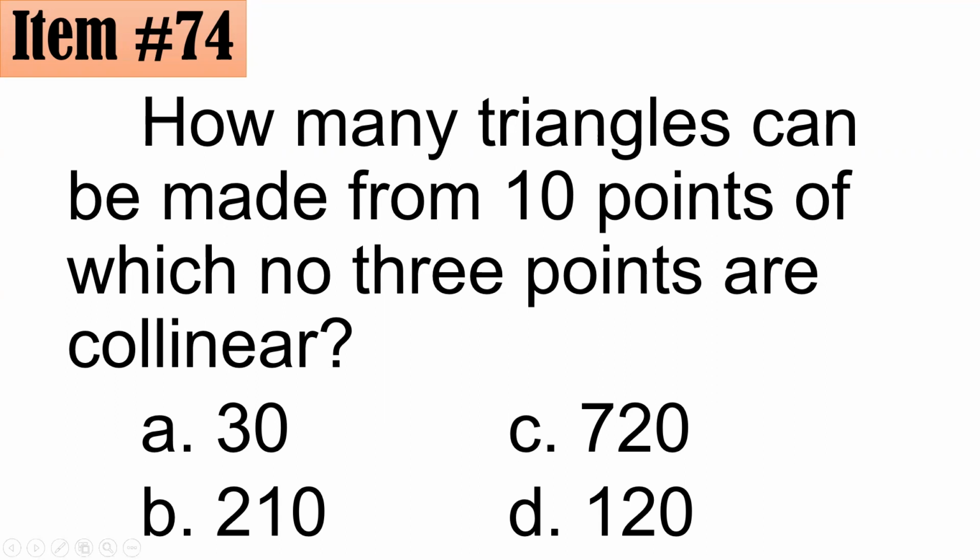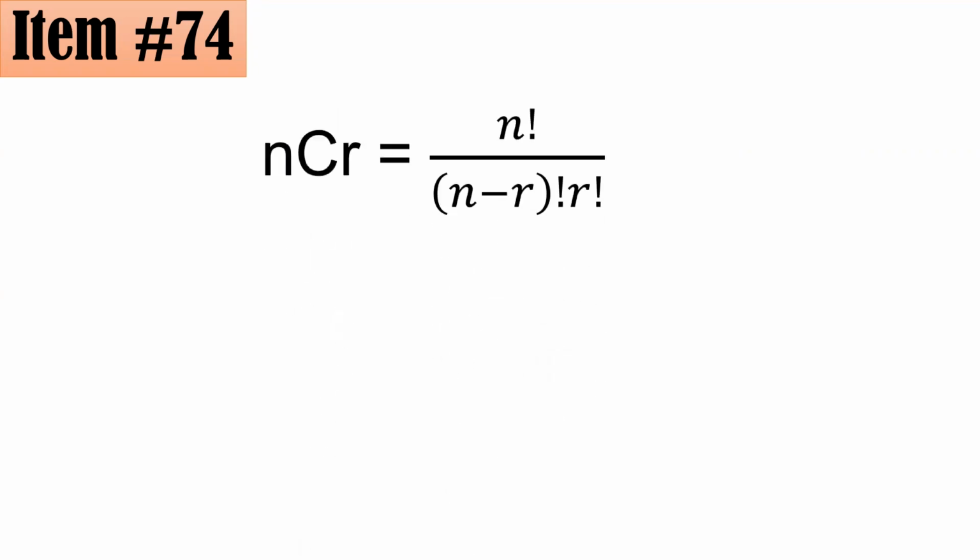In a combination, it is the number of ways you could choose where order does not matter. And you could do this in the formula nCr, which is equal to n factorial all over n minus r quantity factorial times r factorial.